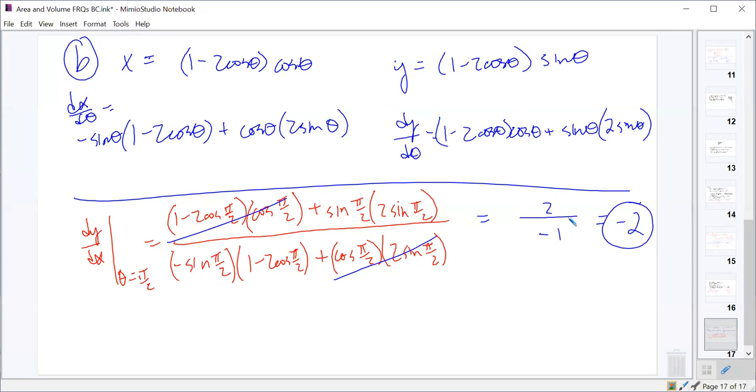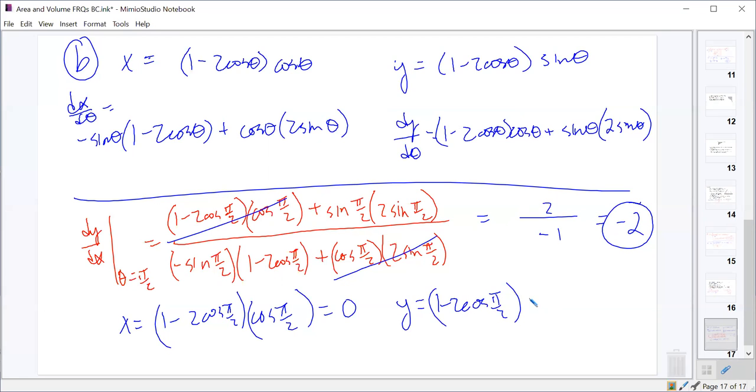Then we need the coordinates of the point. x equals 1 minus 2 cosine pi over 2 times cosine pi over 2, and cosine pi over 2 is 0, so x is 0. And y equals 1 minus 2 cosine pi over 2 times sine pi over 2. Sine pi over 2 is 1 and cosine pi over 2 is 0, so this is 1 minus 0 times 1, which is 1.